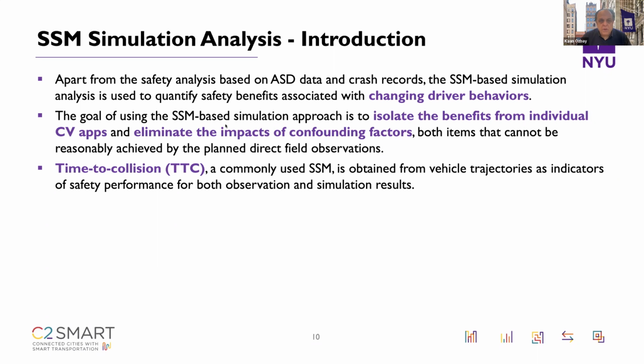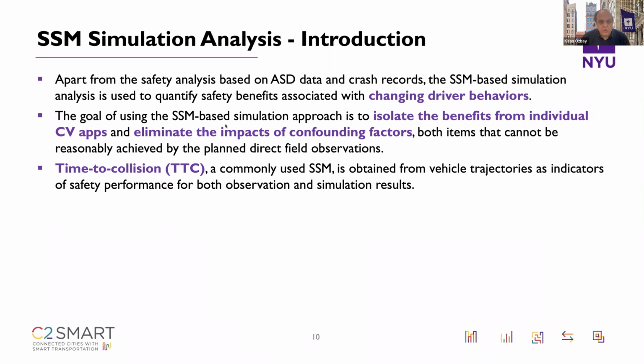So we did that, but we also focused on the simulation to understand how the changing behavior of drivers will affect safety. Simulation allows us to isolate the benefits from individual CV apps because we are in control of the app and what the driver is doing in the simulation, and then we can eliminate the impacts of some confounding factors that are impossible or not easy to handle in real-world experiments.